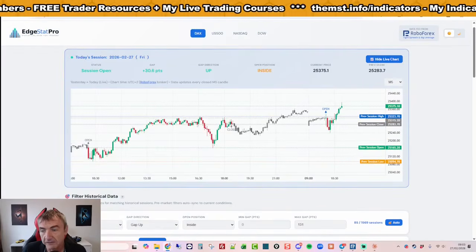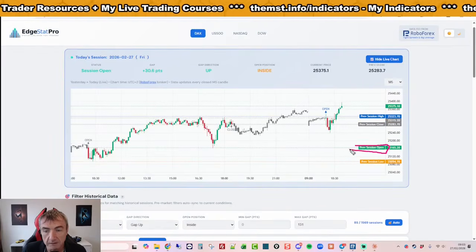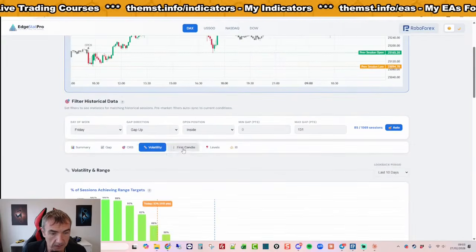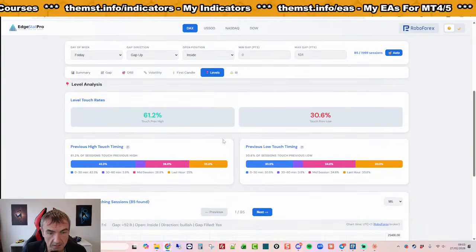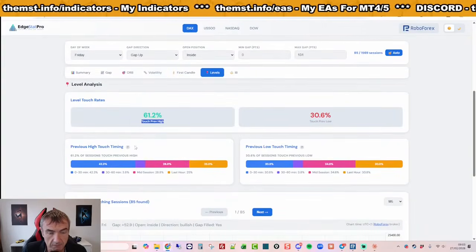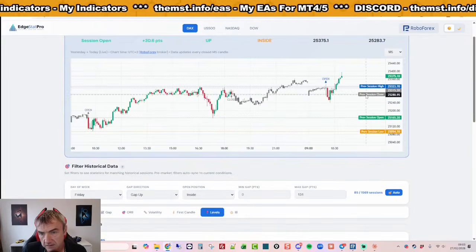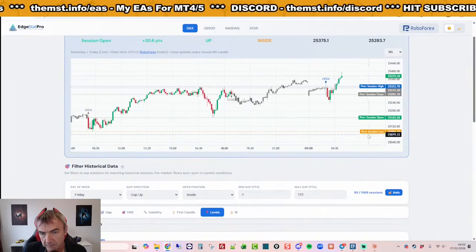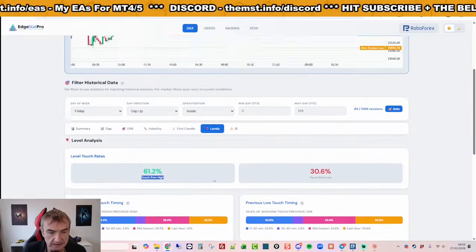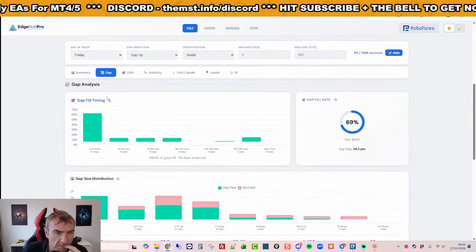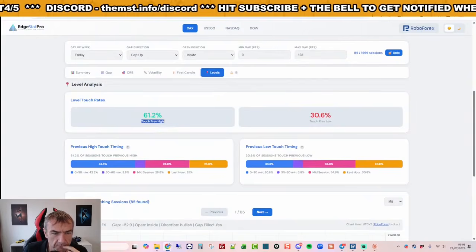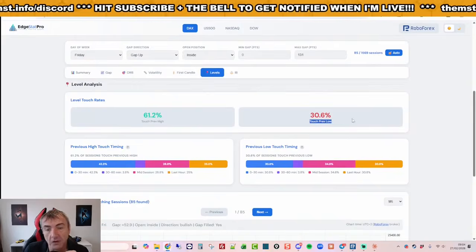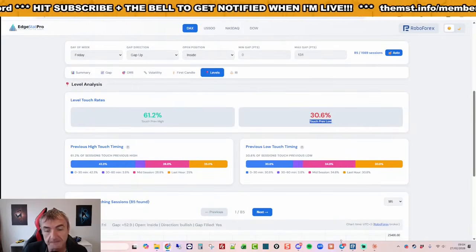So let's look at the previous session open stats today, for example. Actually, no, let's look at previous session low on the DAX. So there's a 30% probability of that getting touched today.